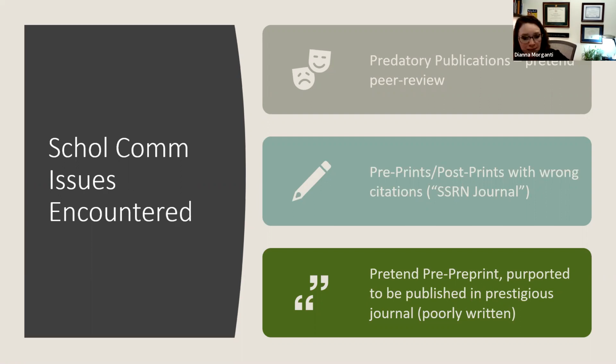It purported to be published in a very prestigious journal, if I recall correctly Duke Law Journal or something like that. But it was very, very poorly written. And when I went to the journal's website itself, I was not at all surprised to find that it had not really been published. So there were 3 types of scholarly communication issues that I saw in the 35 papers.